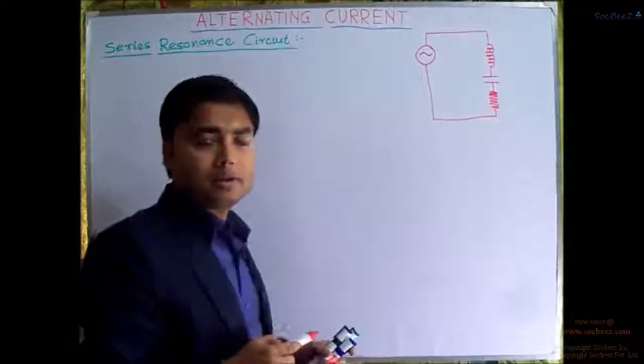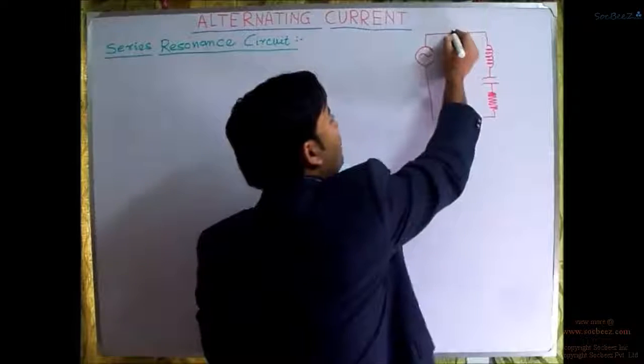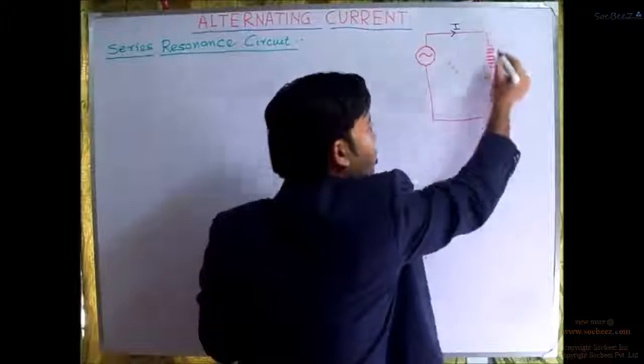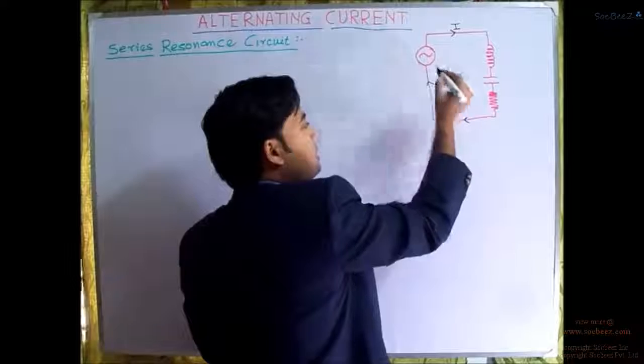Say the current I flows over here, goes like this, and comes back this way.